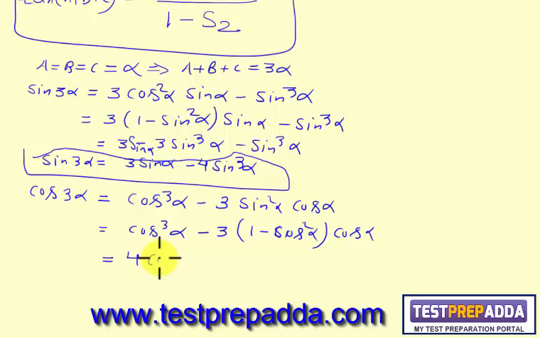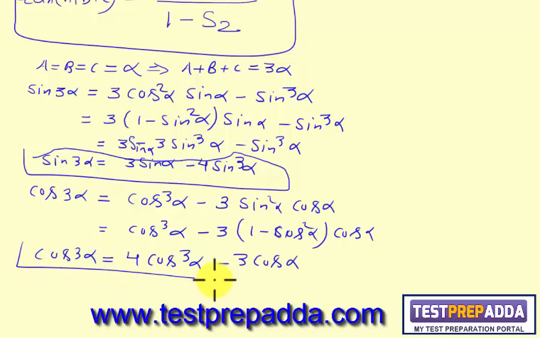It becomes 4 cos cube alpha minus 3 cos alpha. So this way we get cos 3 alpha. Another very interesting identity.